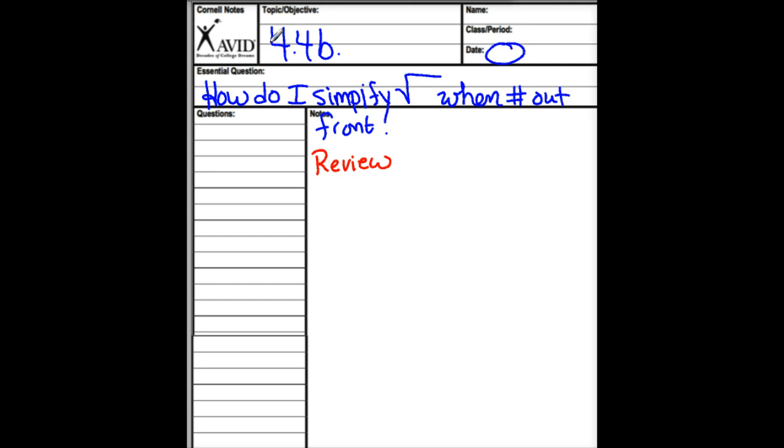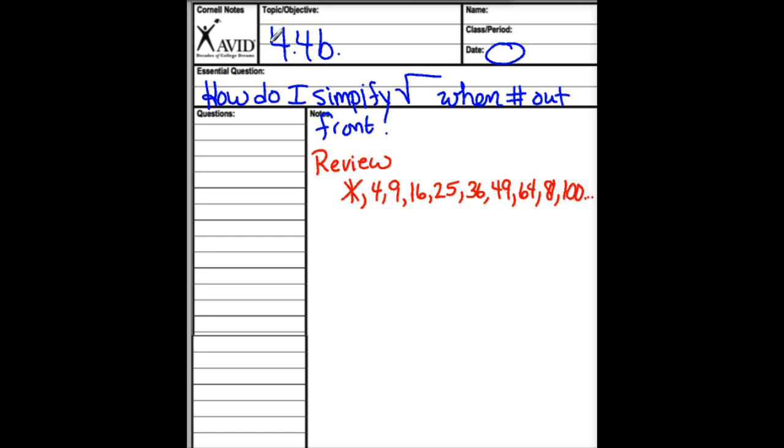The first 10 perfect squares are 1 times 1, which is never helpful, 2 times 2, 3 times 3, 4 times 4, 5 times 5, 6 times 6. Notice I don't have them memorized, I'm creating them. I'm just taking the next counting number and doing it times itself. 7 times 7, 8 times 8, 9 times 9, and 10 times 10.